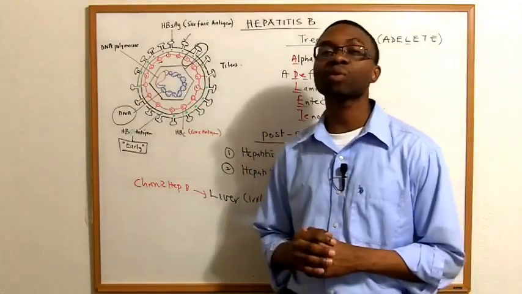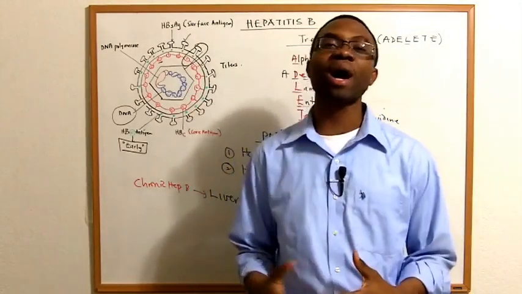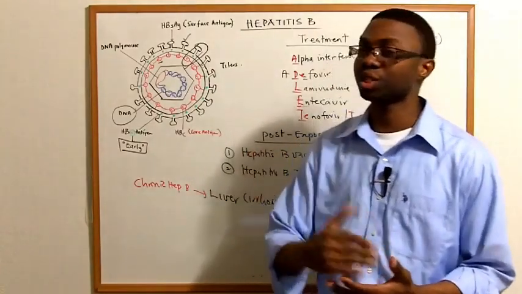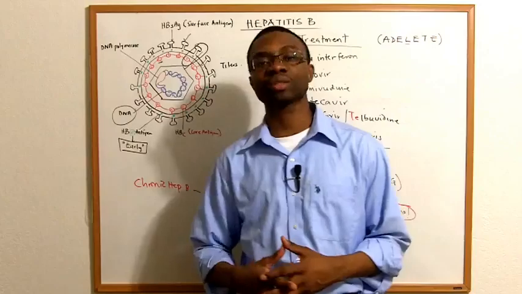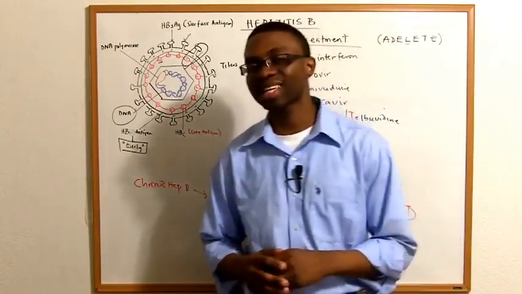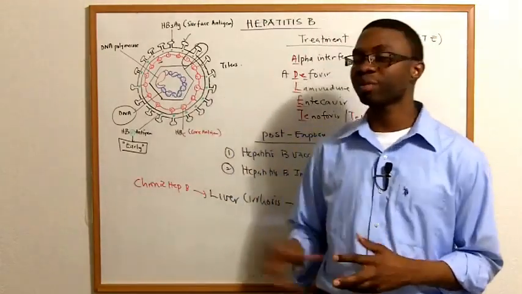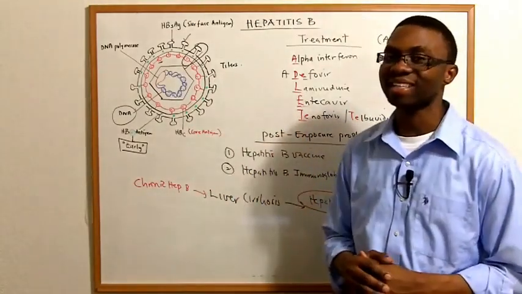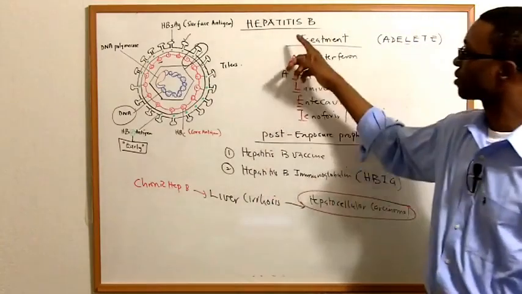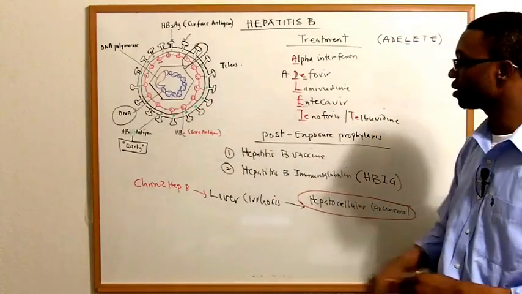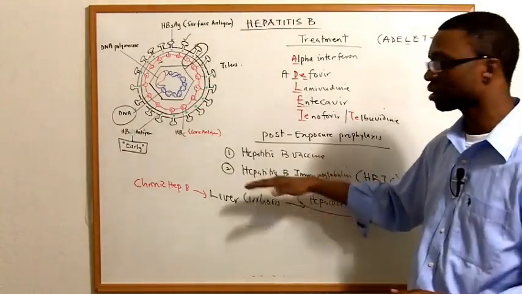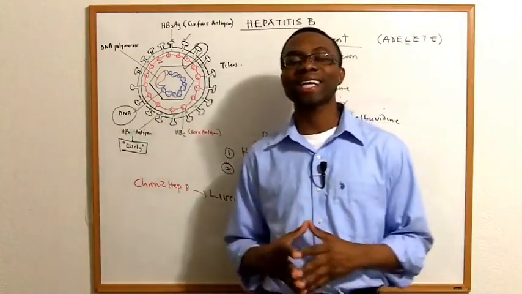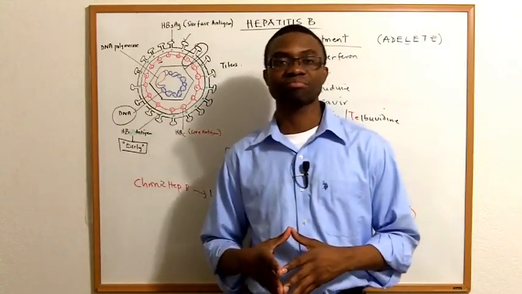You feel like you just have some flu-like symptoms. Patients don't even think about it unless they get tested, and we go back to serology and make a determination if you have an acute infection or you've cleared it, or you need to be vaccinated, or you need to be treated with medications if you are predisposed to develop chronic hepatitis. Don't forget, these are the drugs that we use to treat, and if you get exposed, you get a vaccine or the immunoglobulin. And that basically wraps up hepatitis B as in boy.